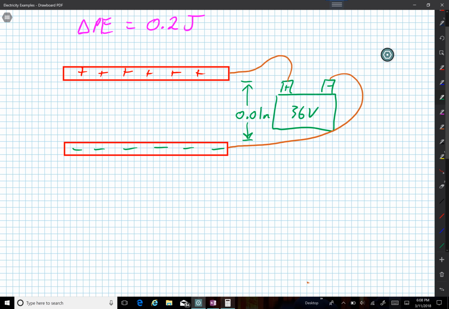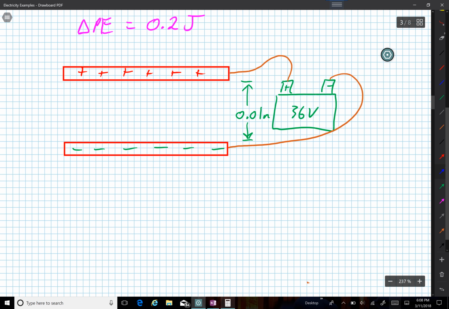All right, a couple of things here that we can do. First things first. We know that we have separated charges. We have a bunch of positive charges on a parallel plate and a bunch of negative charges on a negative plate. And when we separate charges, we create electric field.